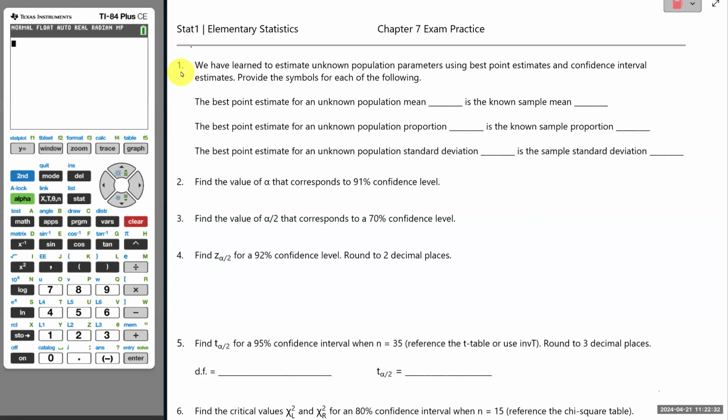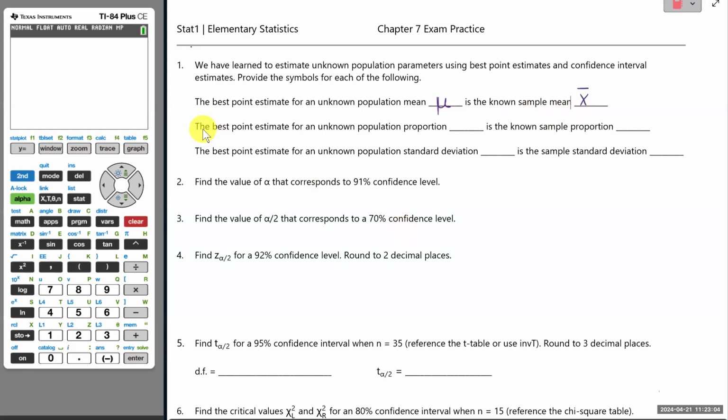We've learned to estimate unknown population parameters using best point estimates as well as confidence interval estimates, and here we'll focus on symbols. So the best point estimate, if we're trying to estimate an unknown population mean, mu, our best point estimate would be the result from our sample, so that would be the known sample mean, x bar.